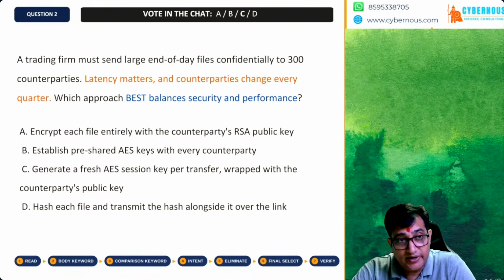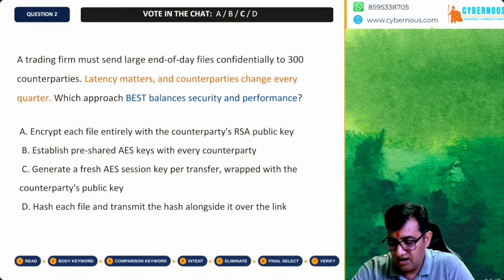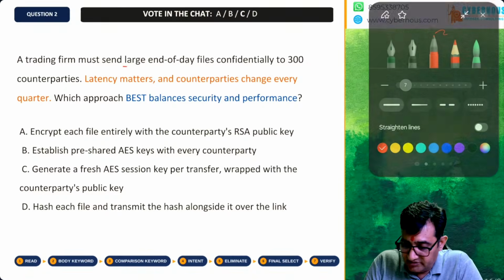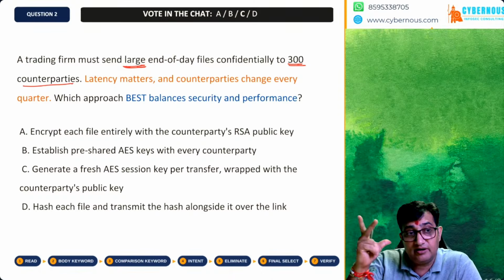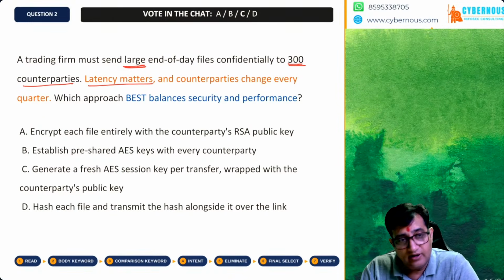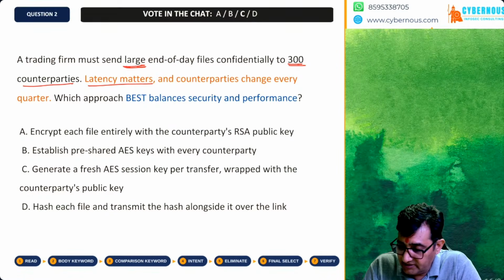Okay, so let's go and see this question, guys. A trading firm must send a large end of day file. That means you have to send bulk data, end of day file, with confidentiality to 300 counterparties, meaning 300 parties. Latency matters, it should not be very heavy, and counterparties change every quarter, so parties may also change every quarter.